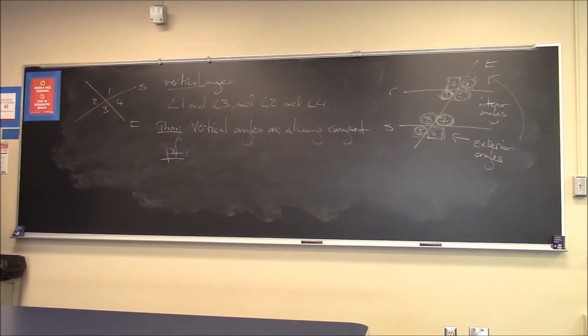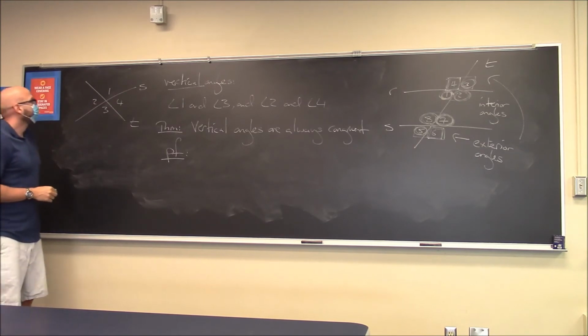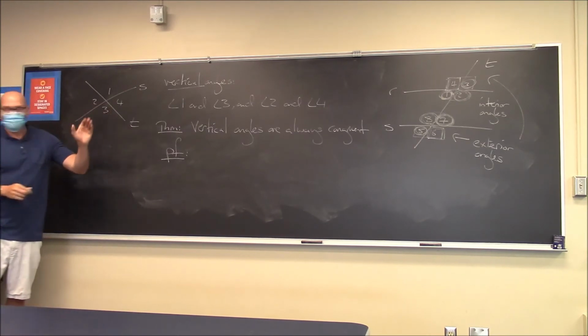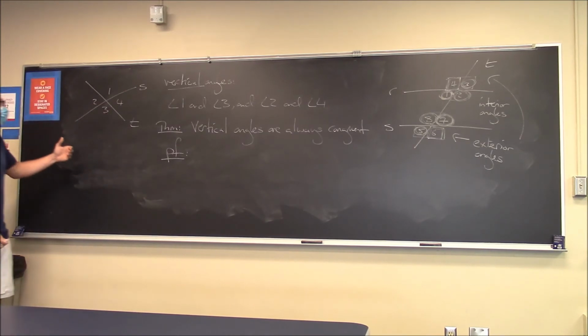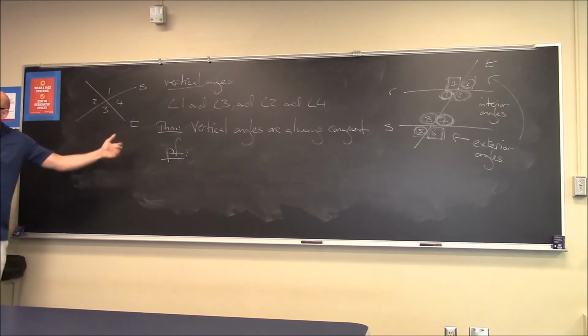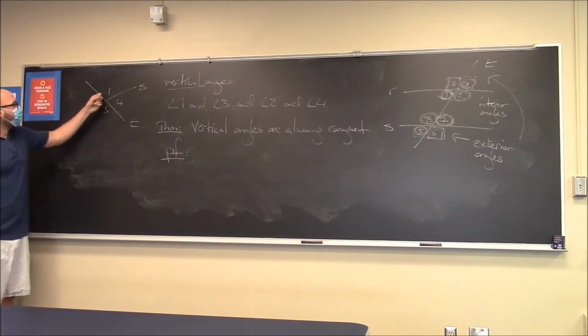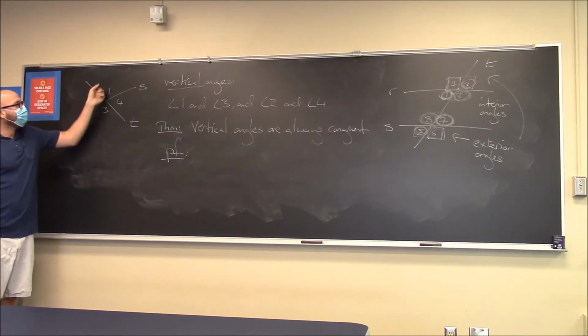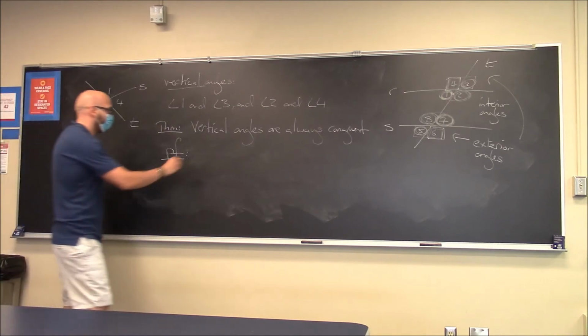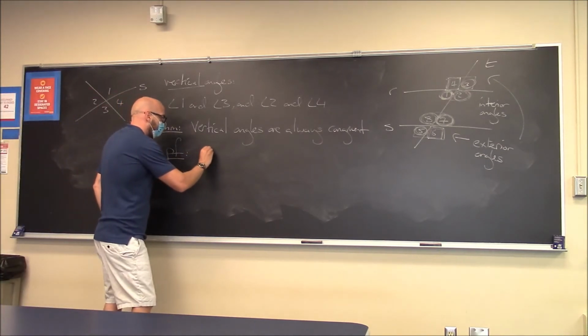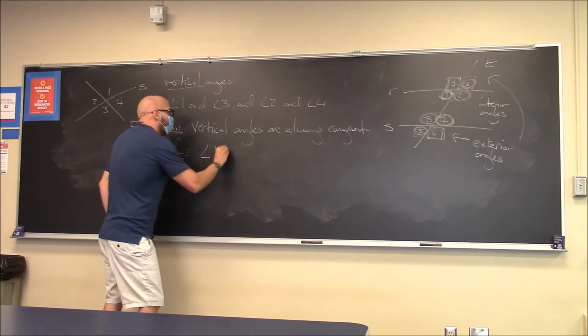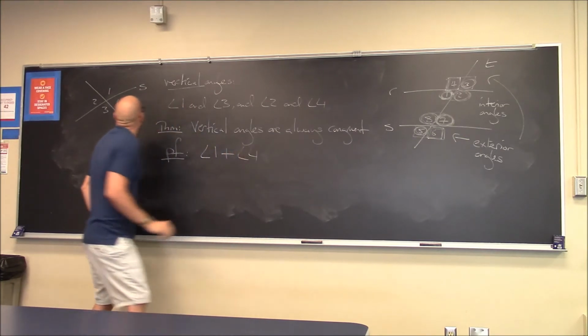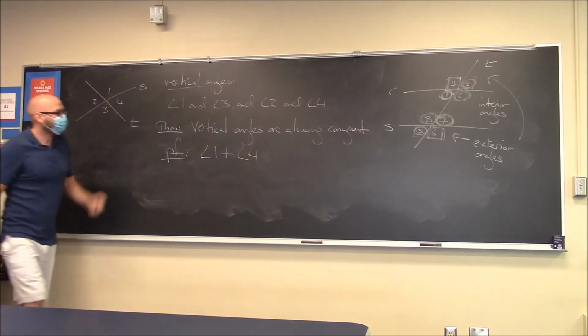So actually really simple to prove this. A few other definitions I haven't made, but I'm sure you know them already. Complementary angles are angles that add up to 90 degrees. Supplementary angles are angles that add up to 180. So for example, angle 1 and angle 4, those are supplementary, right? So we'll write a very shorthand, lazy proof. Angle 1 plus angle 4 is 180 degrees.